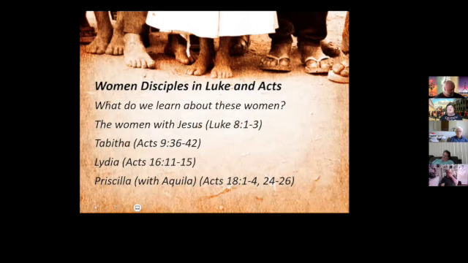And then we have Priscilla, who is mentioned quite a number of times in the New Testament with her husband Aquila, in Acts and indeed in Romans as well, who established no less than three house churches, Paul tells us and Luke tells us. So I just want you to remember that the women are really important, and we're often not being taught about them in our churches and in our Sunday schools and in our other traditions. And so you might like to look them up at your leisure.